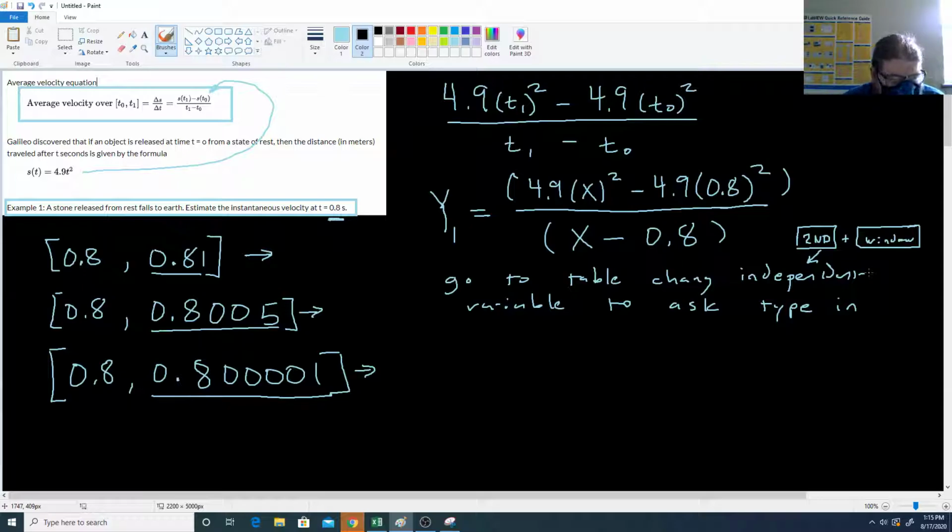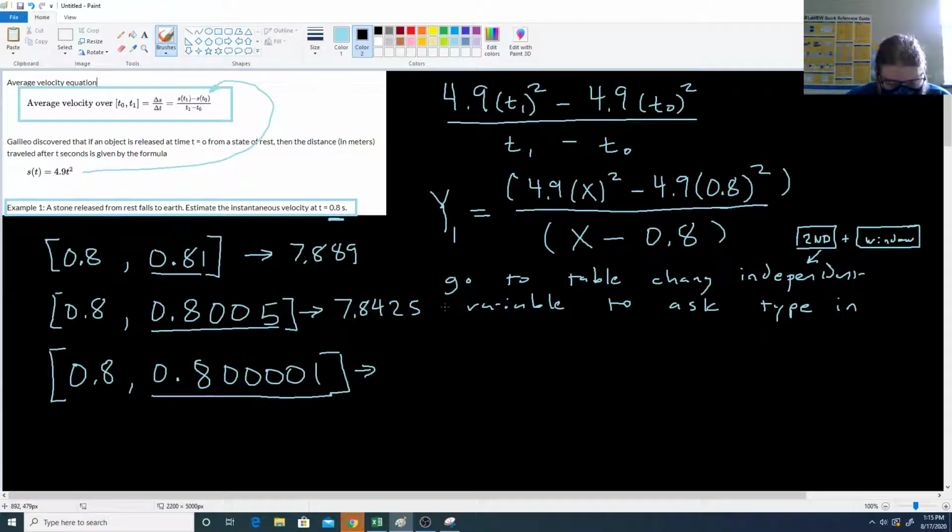So I'll type in 0.81. And that gives me back, let me hover over it so I can see exactly, 7.889. So let's type in 0.8005. That gives me back 7.8425.